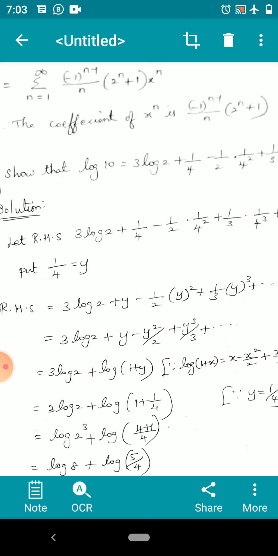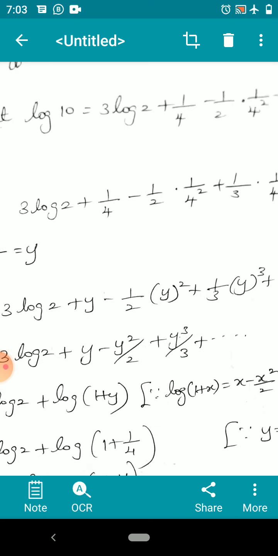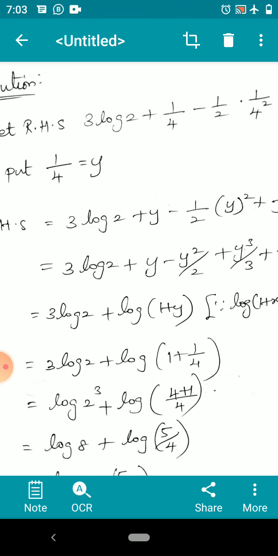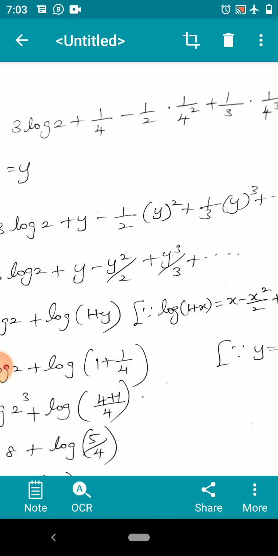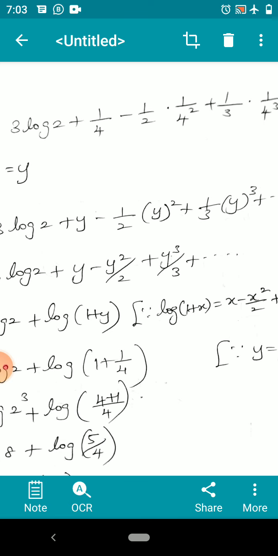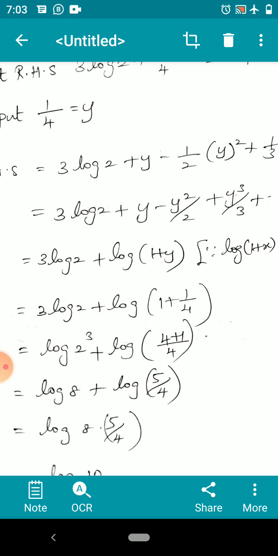So what will happen? 3 log 2 plus y minus y squared by 2 plus y cubed by 3 and so on. Now this is in the format of log of 1 plus x. So it is in the format of 1 plus y now, instead of x we have y, so log of 1 plus y will come. Now y we know is 1 by 4.